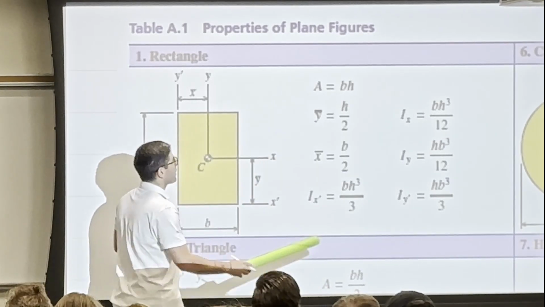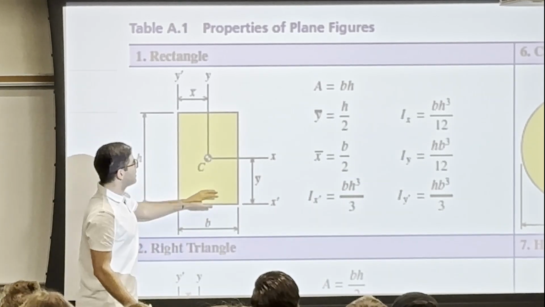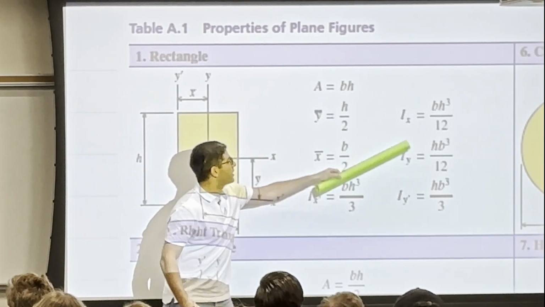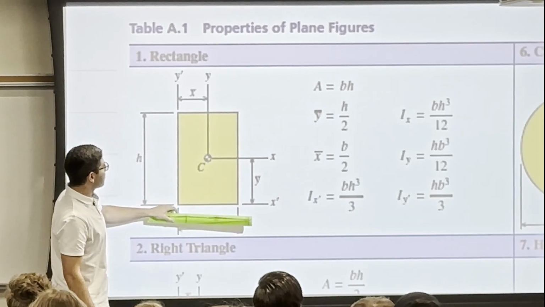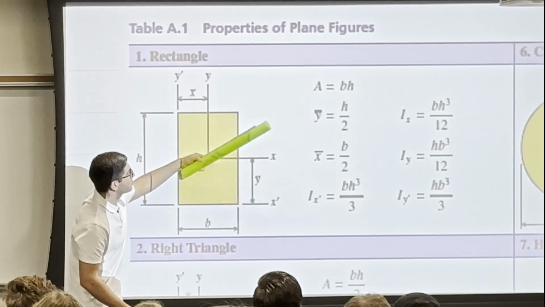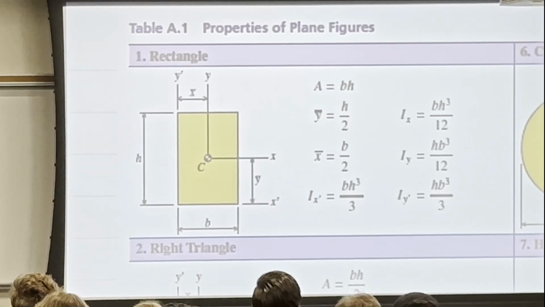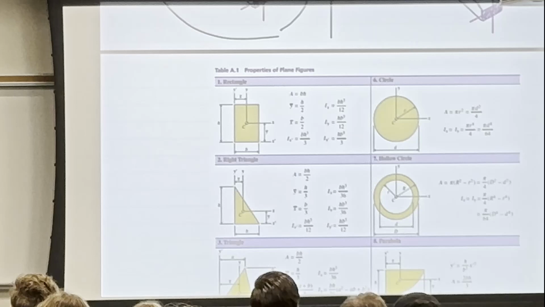So it's important that you notice that this Ix is the moment of inertia about a centroidal axis, Ix and Iy. But Ix dash and Iy dash are the moment of inertia about another axis, which is this axis. Okay? So it's important to know what axis you want, and therefore choose your equation.